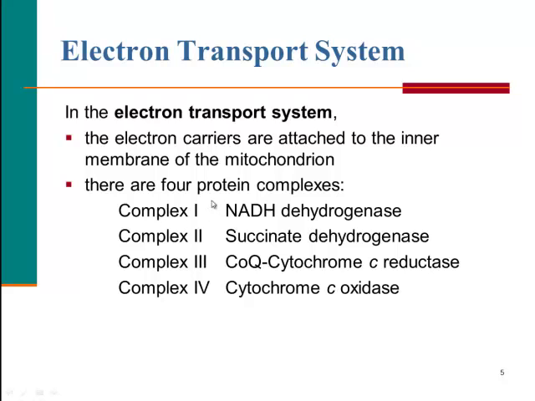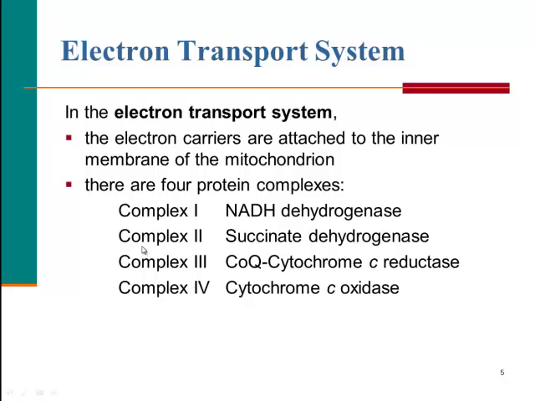Complex 1 is the front door by which NADH enters the process and delivers electrons to the system, which will ultimately be delivered to oxygen. Complex 2 is a side door, and FADH2 is delivered to complex 2.